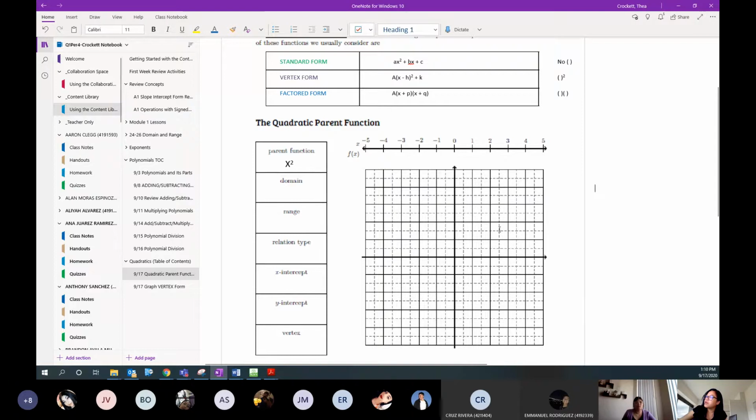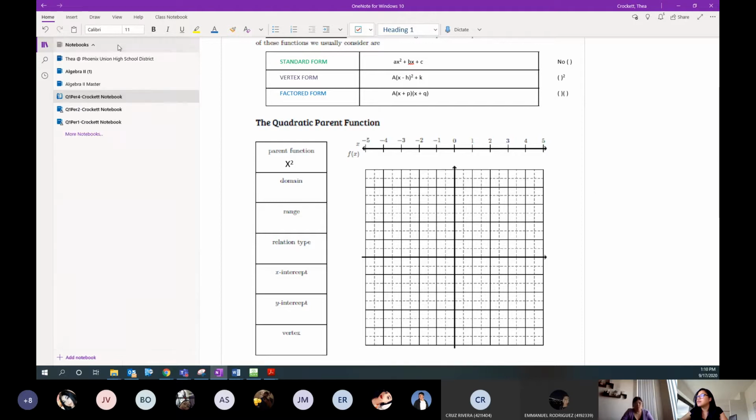And this is where we're basing everything. This is gonna be the parent of all the parabolas. So to graph this, we are gonna do the 3 steps.